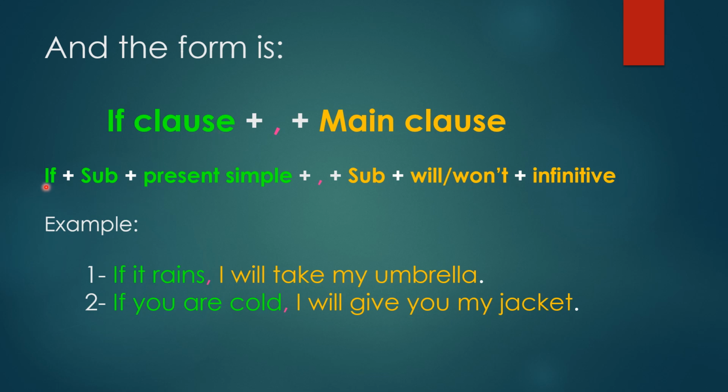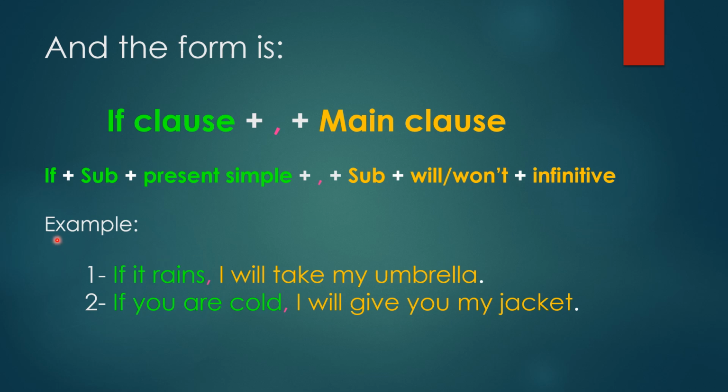We have if, we have subject, this one is short for subject, and we have the present simple. Then we have a comma, then comes the main clause in detail. It is subject plus will or won't plus infinitive, infinitive verb, which you have already studied.